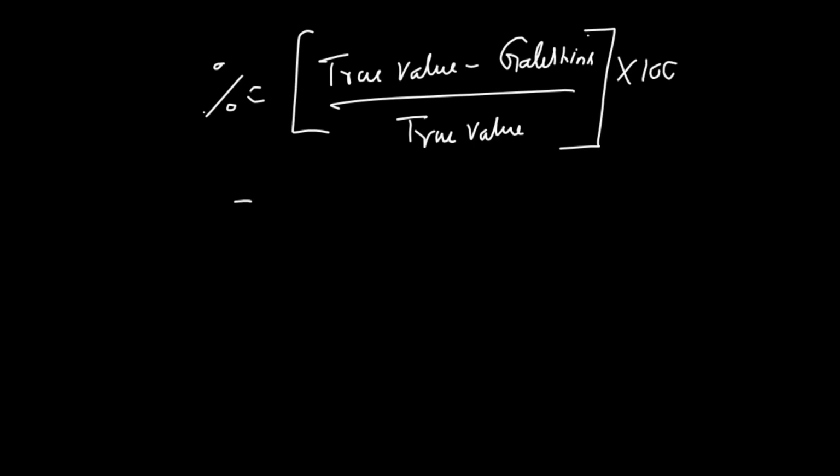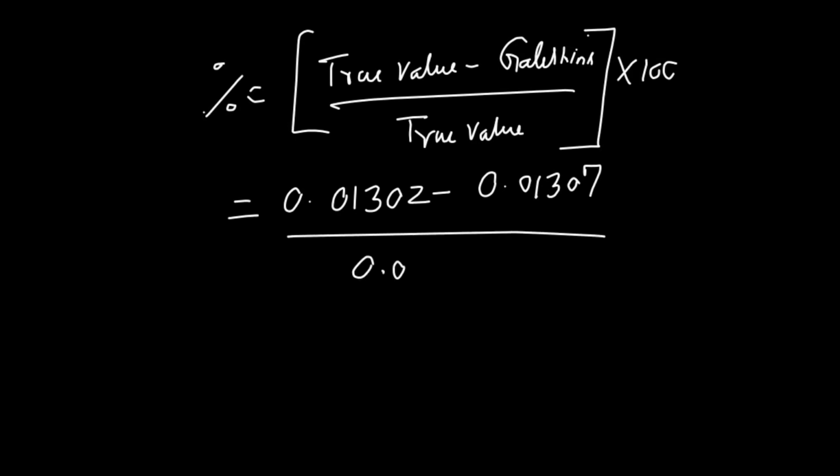And what is the true value? The true value is 0.01302. The value obtained by Galerkin's method is 0.01307, divided by the true value 0.01302, into 100.